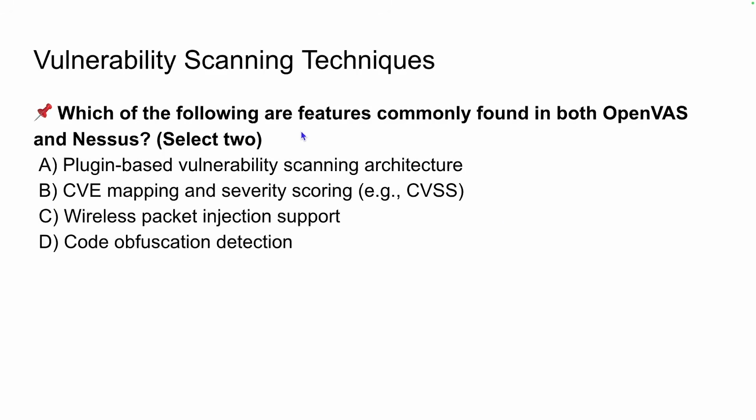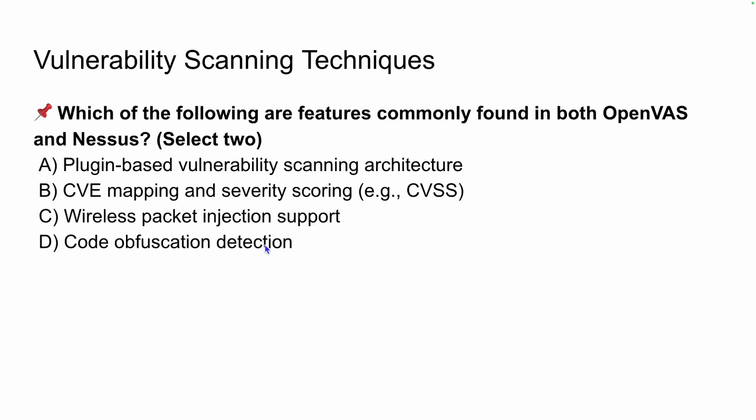Very good. So which of the following are features commonly found in both OpenVAS and Nessus? We've got to select 2 here. The plugin-based vulnerability scanning architecture, CVE mapping and severity scoring. That's one for sure. Wireless packet injection support, code obfuscation detection. I know B is for sure an answer.